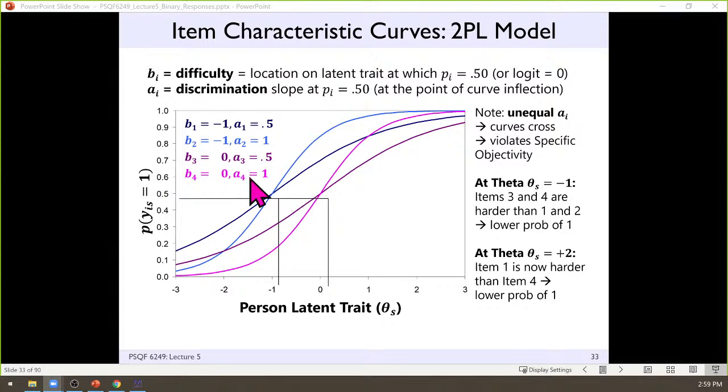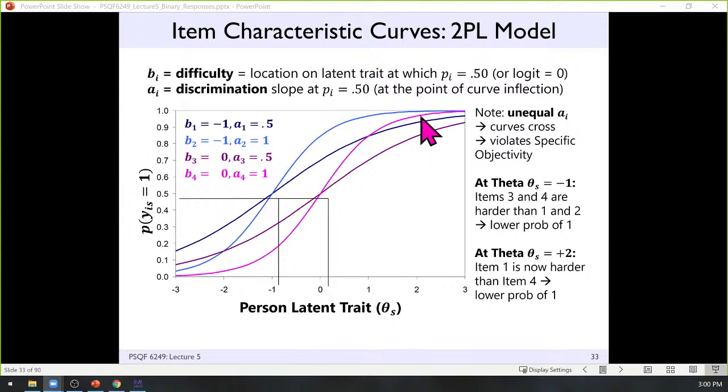If we look at the ordering of which of these items is more or less difficult, the blue items are easier than the pink items because they have a lower difficulty value. But that ordering changes as you move up the trait. So if you allow each item to have a different slope, the slopes are eventually going to cross. So if we look at, say, a trait level of 2, look at the ordering of these probability curves.